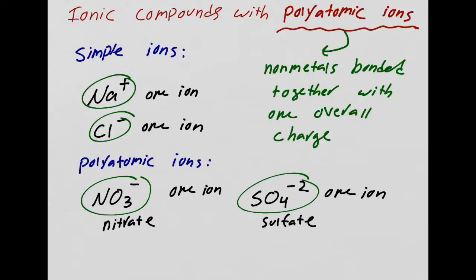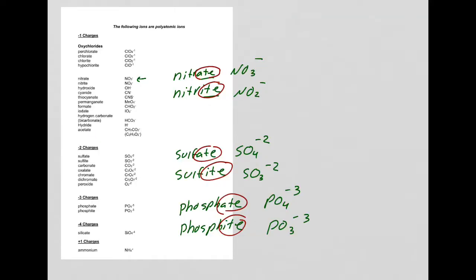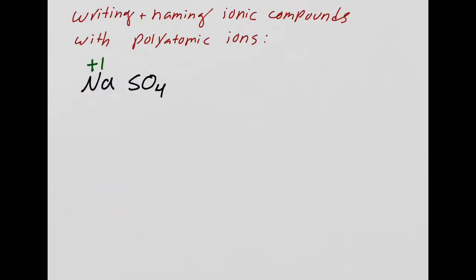Then you're going to look at your polyatomic ion sheet. Which polyatomic ion is that? That is sulfate. I'm hoping that you see a polyatomic ion and you're able to recognize it. It's sulfate. The charge is -2.